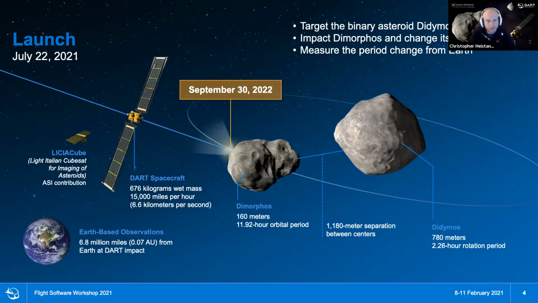We should be able to change the orbit period such that the light curves from Earth for the entire system can actually be measured. The whole goal is to see if we can deflect an asteroid if it was actually coming to Earth, which it is not. But you've got to test it before you hit the real thing.